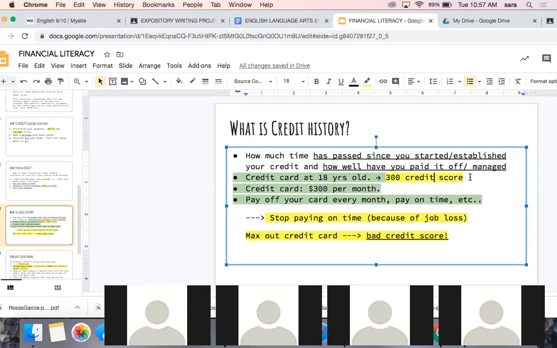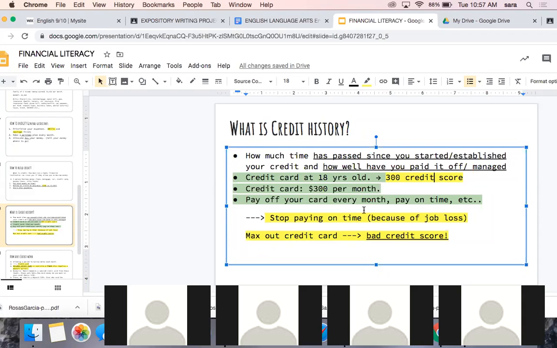You have no credit. So if you go to, I don't know, the Ford dealer shop and you're trying to get a truck for the boys, or some girls love trucks. You're trying to get a truck that costs, I don't know, $70,000, right? You're trying to get a loan for it, and you have a 300 credit score. Guess what's going to happen?